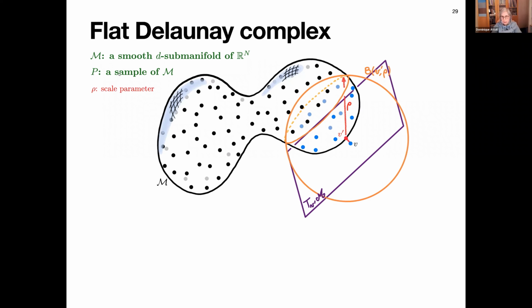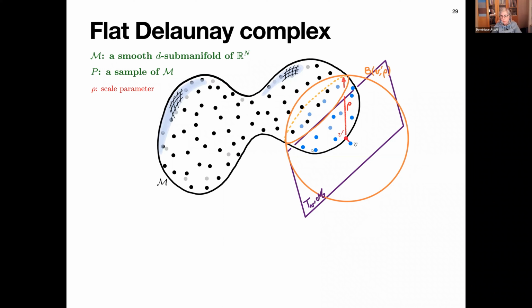The construction depends upon a scale parameter that we call ρ. We restrict the point set to the ball centered at V prime with radius ρ, so we select a subset of the points.